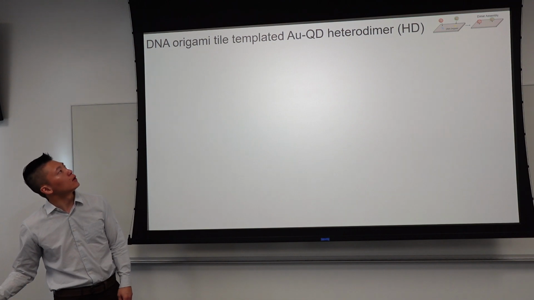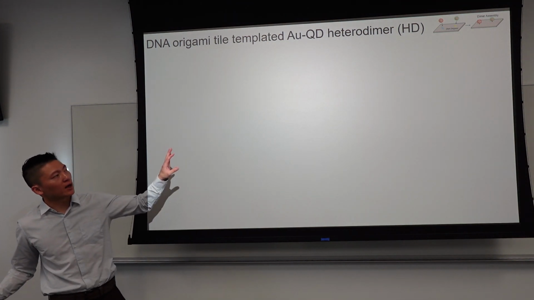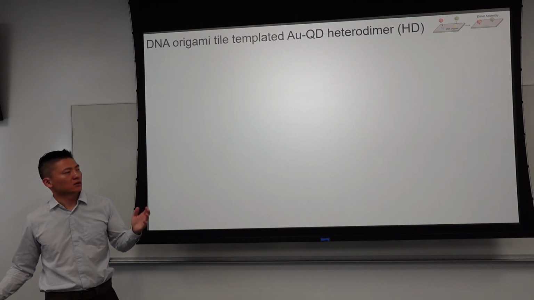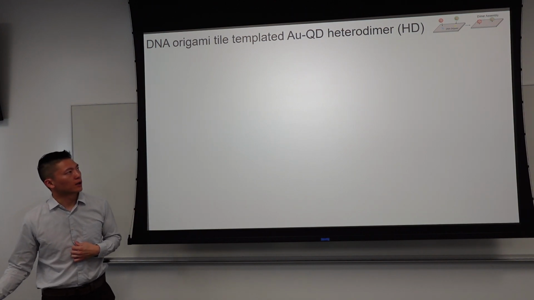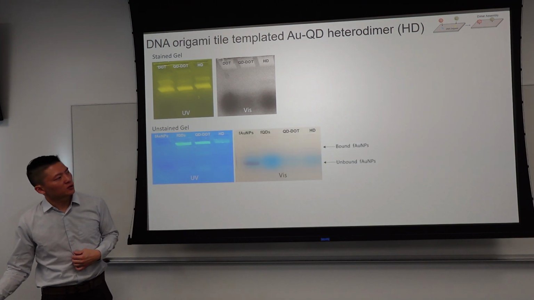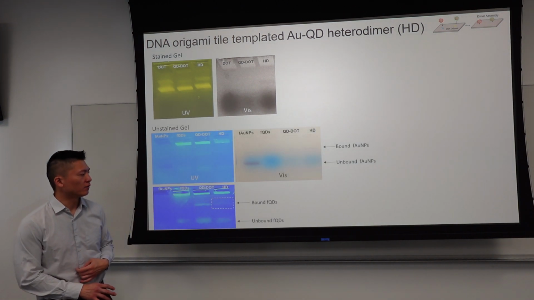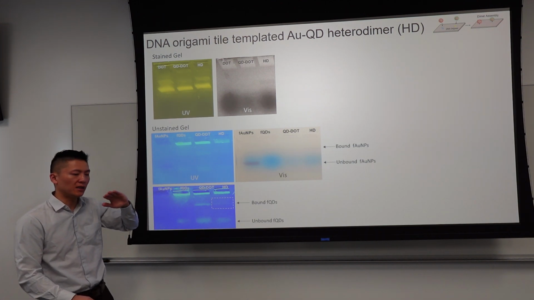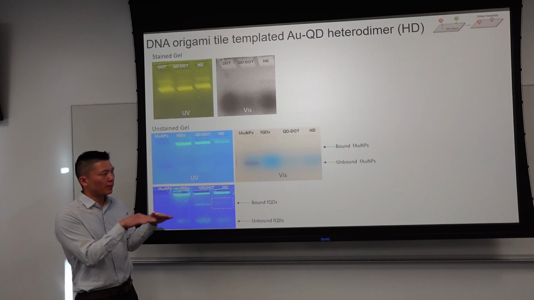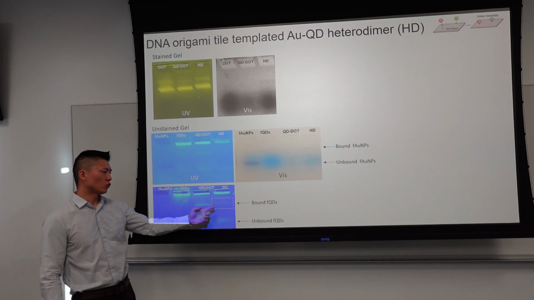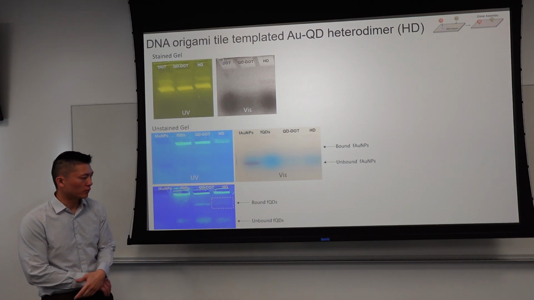Anyways, now let's talk about making a heterodimer, putting a quantum dot and a gold nanoparticle onto a tile. This is again Ramini's work that I'm continuing and trying to reproduce. The gels indicate that it's possible: we get a band where the DNA tile is, an overlapping band where gold nanoparticles are also, pretty faint though, and also an overlap of where the functionalized quantum dots are.